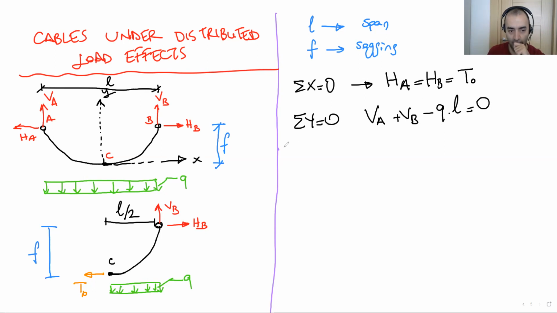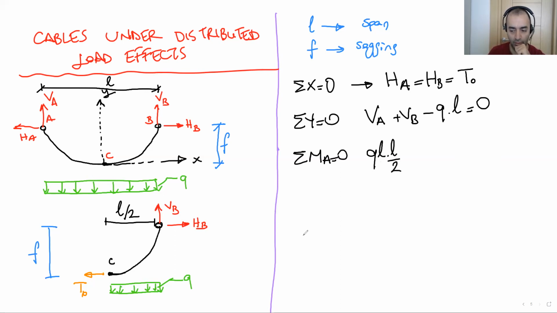And then total MA equals 0. We know for cables, at each point we have 0 moments. So let's do it for MA. We have this vertical load, QL, the combined version of this, times L over 2.